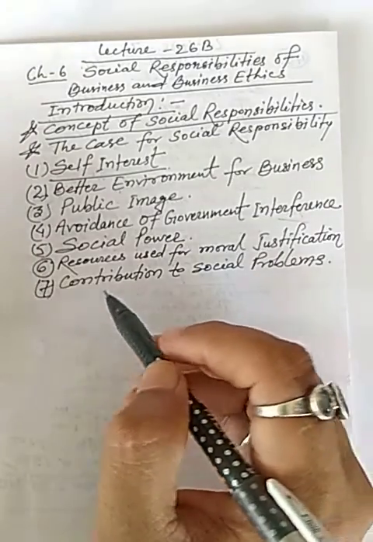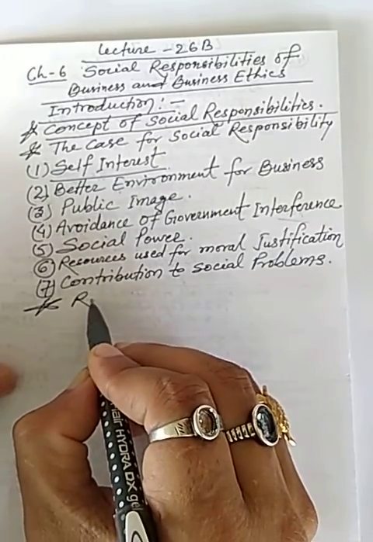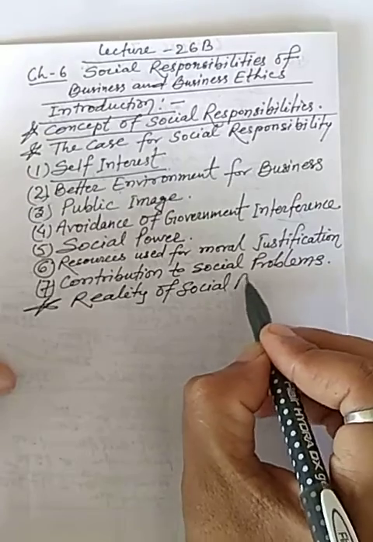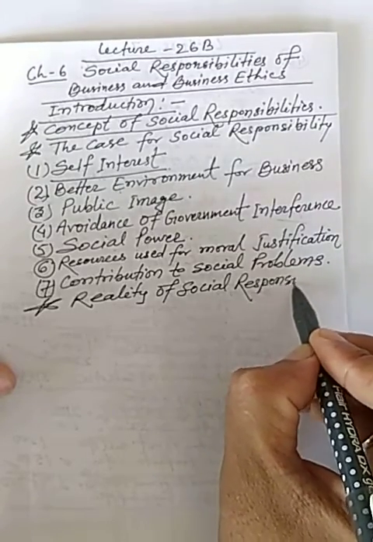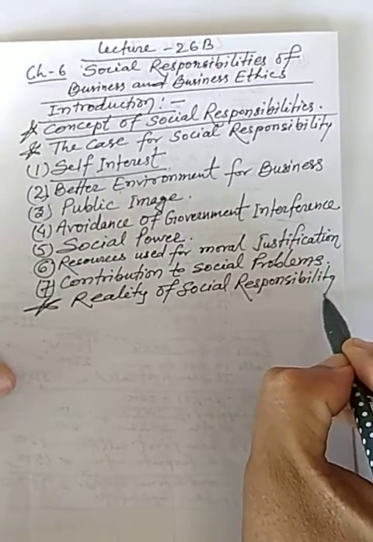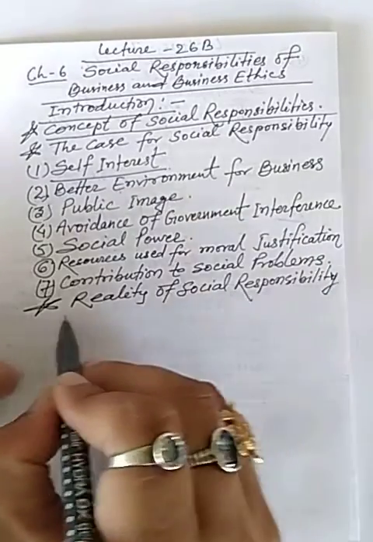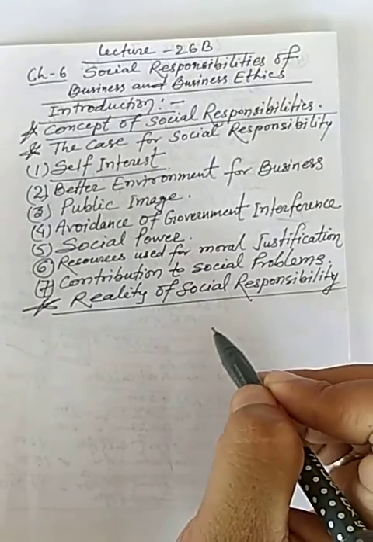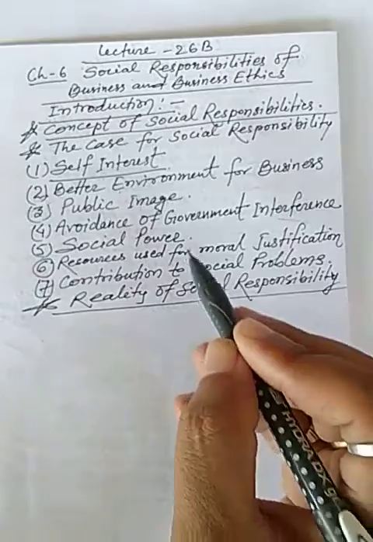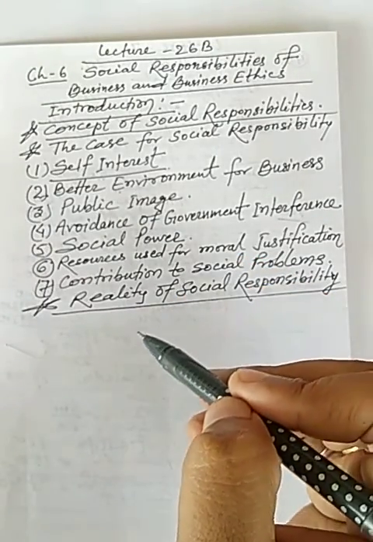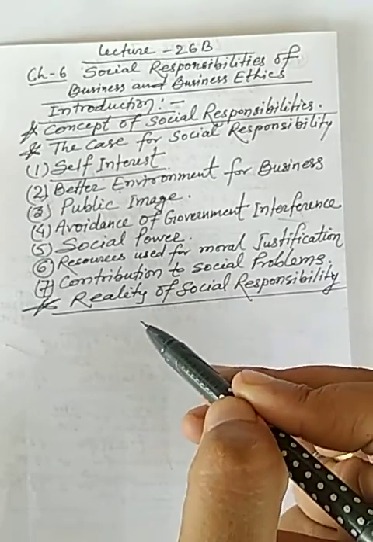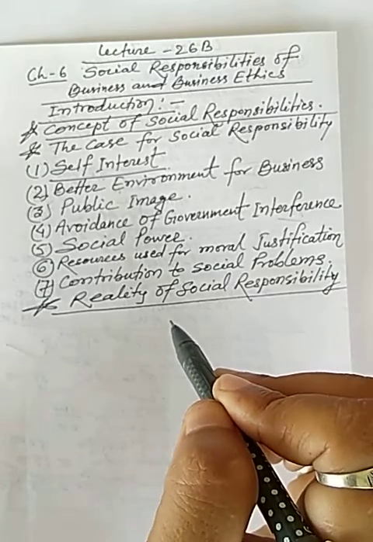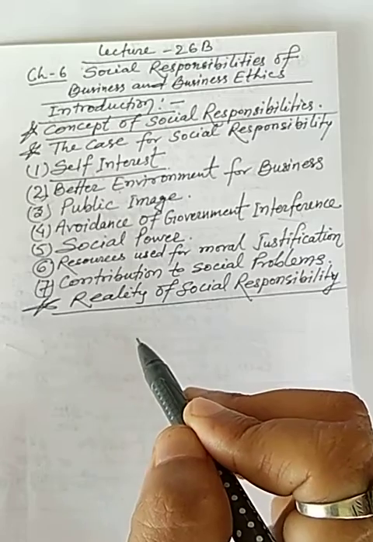Now, reality of social responsibility. After learning the case for and against social responsibility, we can conclude that business is no longer a mere economic institution, but it is also a social institution, and businessmen are the trustees of different social groups.